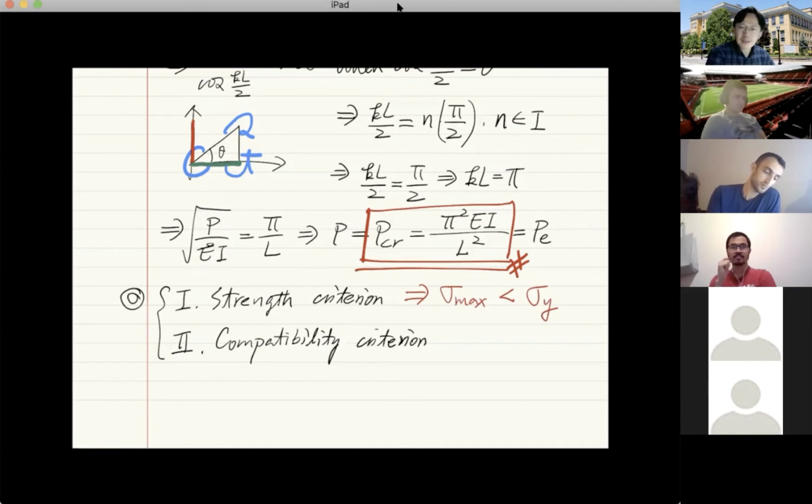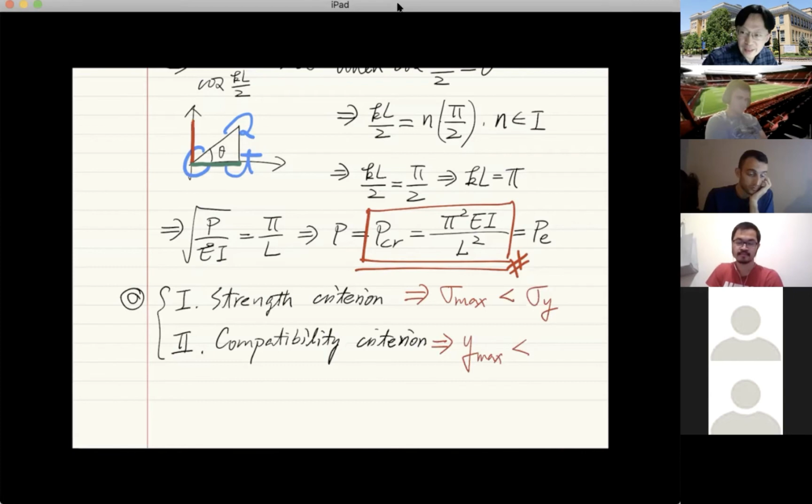What's the compatibility criterion? The compatibility criterion says that the maximum deflection, in this case of buckling that's delta, which we use the same symbol for, must not be greater than the maximum allowable displacement that this particular structural member can exhibit.